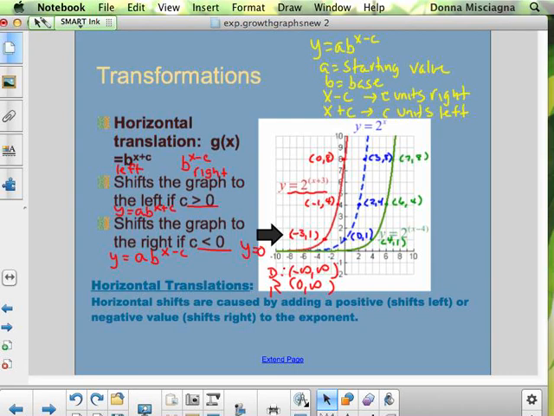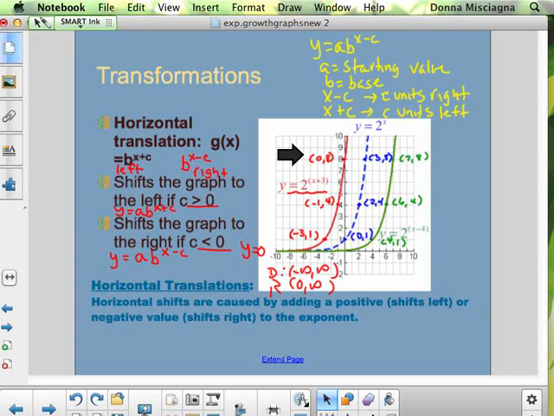The x is 3 less. Instead of a point 2, 4, we have a point negative 1, 4. 3 less on the x. And instead of a point 3, 8, we have a point 0, 8. So all of the points are just shifted 3 to the left.